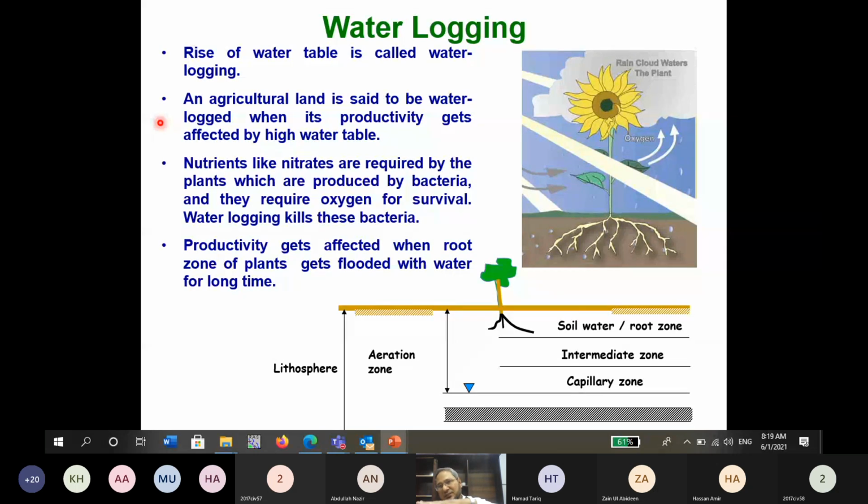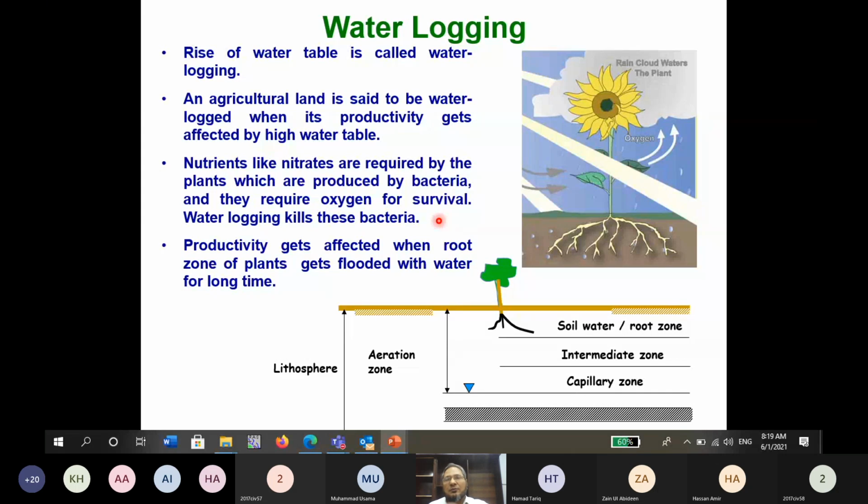If the water table has risen and the productivity of the crops grown on the agricultural land is affected, that is called waterlogged soil. Nutrients like nitrates are required by the plants, which are produced by bacteria. And bacteria require oxygen for survival. Waterlogging kills these bacteria.